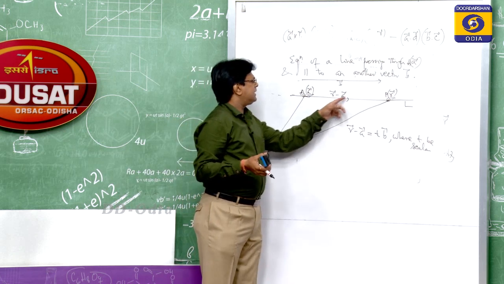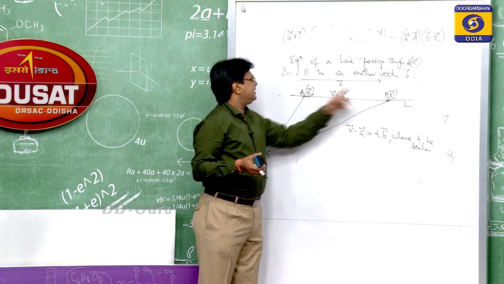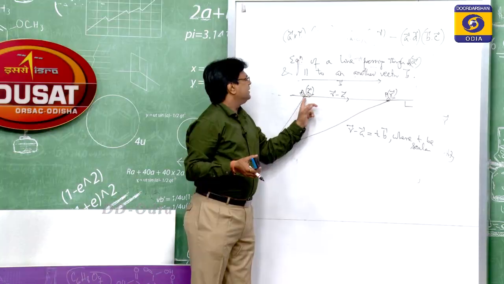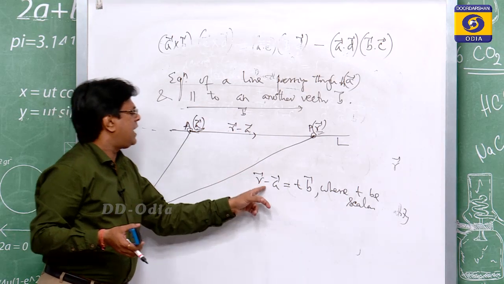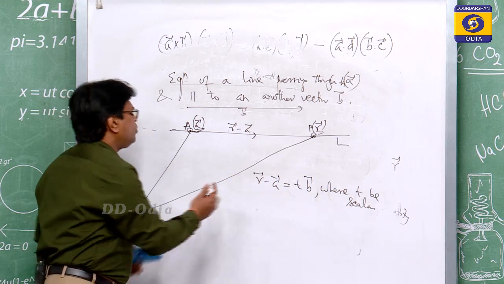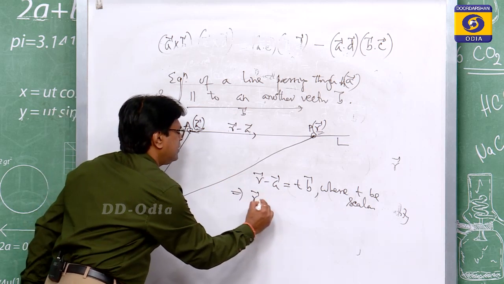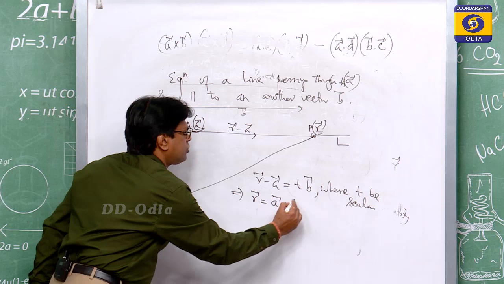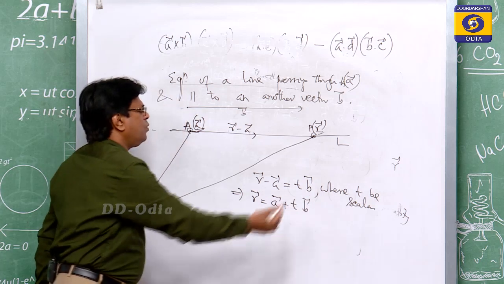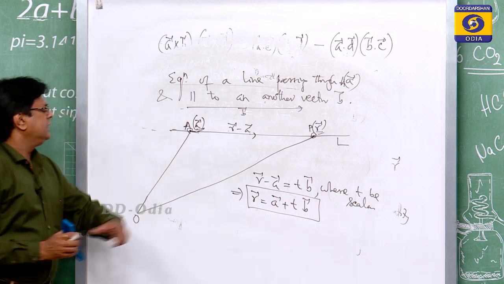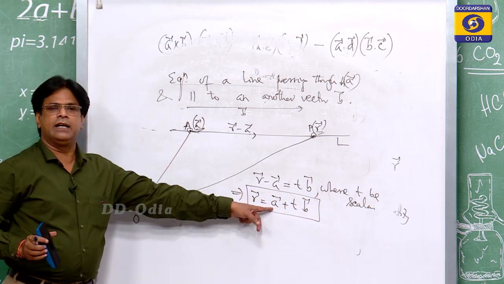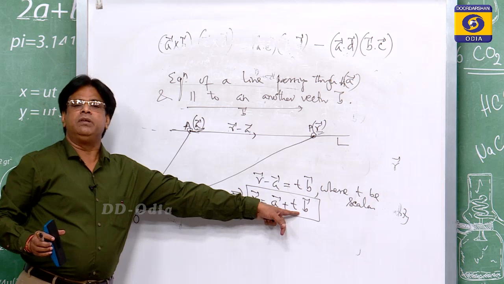So, PA vector is equal to r minus A. So, r minus A is parallel to vector B, that is why r minus A is equal to tB, or vector r is equal to A plus tB, where t is any scalar. So, this is the vector equation of a straight line passing through vector A and parallel to vector B.